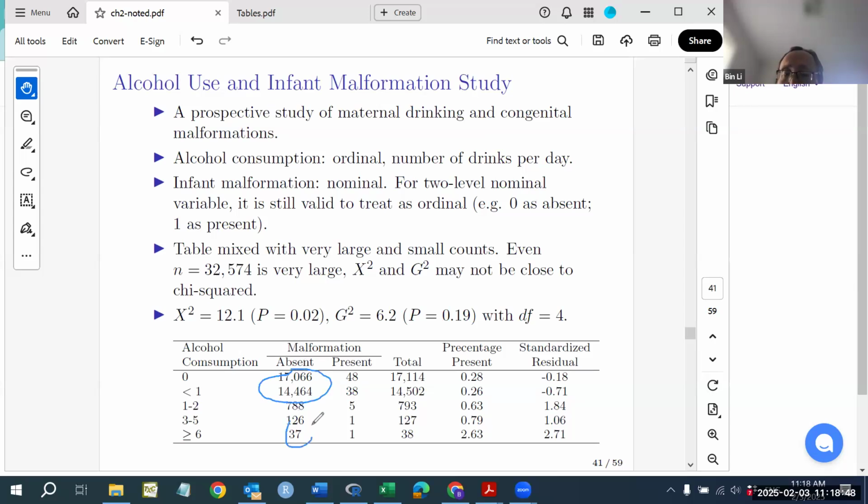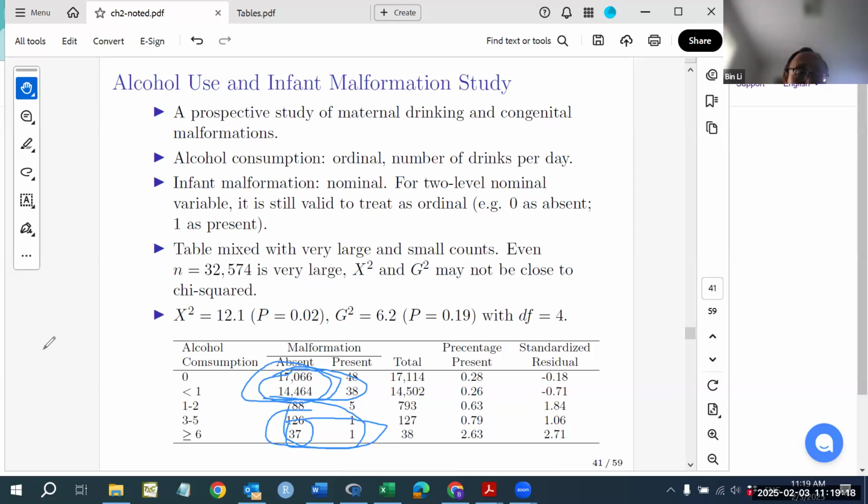These groups are ignored because they have so few counts. So that's why using the mid-rank or 1, 2, 3, 4, 5 gives too much emphasis on those large cell counts, while ignoring the high alcohol consumption and presence of malformation group, which makes the test not significant.